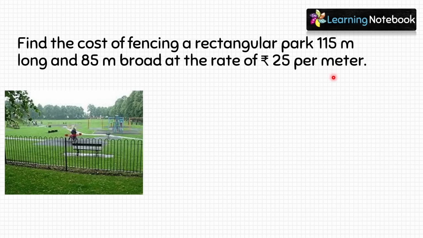So, we have to find the total cost of fencing this rectangular park. So, if we know the perimeter of this park, then we can easily find the cost of fencing it. So, let's first find perimeter of this rectangular park.